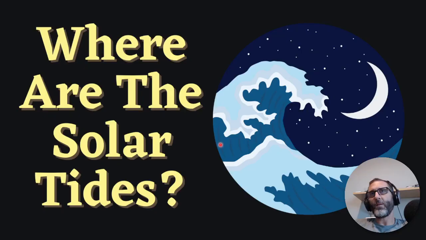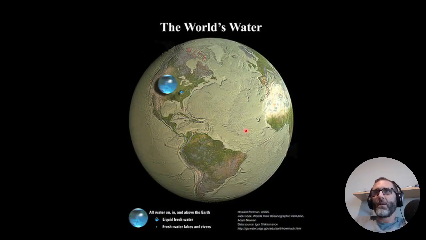And in this video, I want to talk about where are the solar tides. So first things first, I want to talk about the amount of water in, on, and around the world. You can see by this depiction here, we have the Earth in the heliocentric model, the spherical Earth, and this represents all the water.